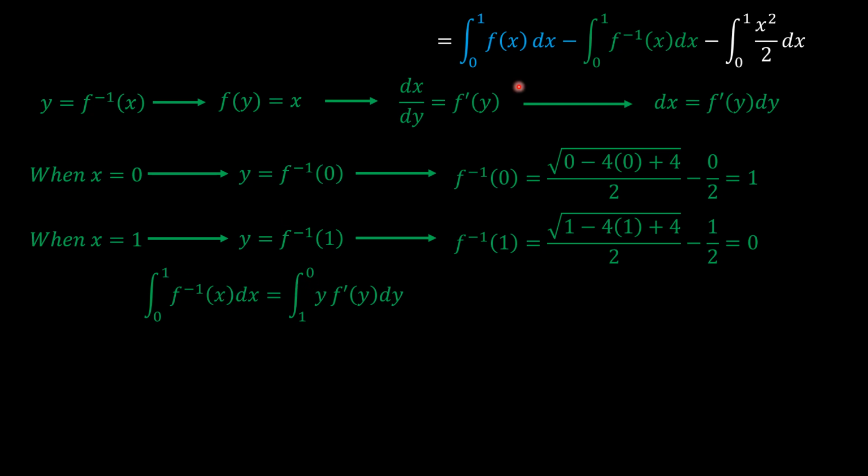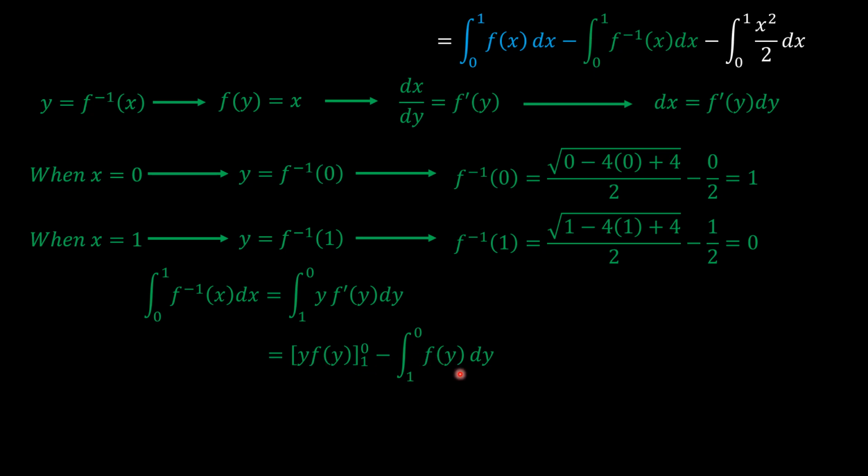So the integral here now becomes where it's 0, we have 1, where x is 1, we have 0. And in place of this guy, we have y here. And in place of this guy here, we have the derivative of f(y) times dy from this expression. And now we're going to use integration by parts, where you have a product of v and the derivative of u, the product of u and v is the first integral here, minus the derivative of v, which is 1, times u.